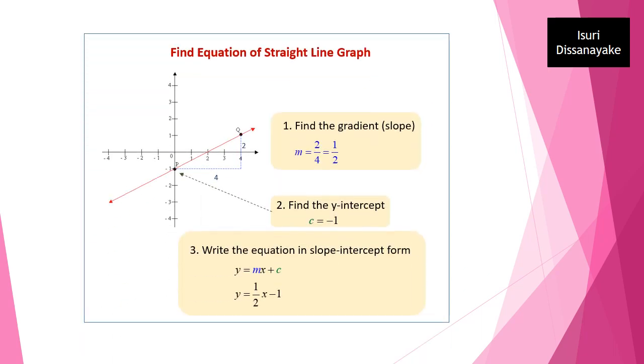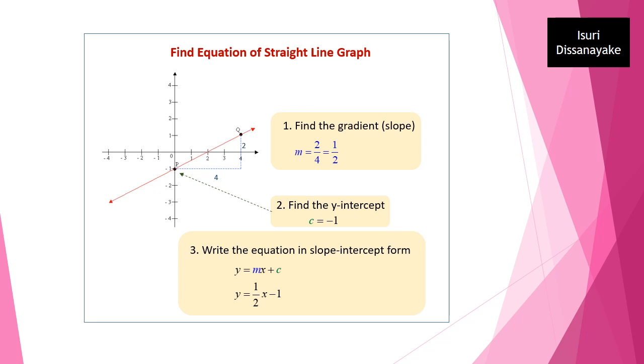This is presentation 6, and in this presentation we are going to learn about how to find the equation of a straight line. When we are finding the equation of a straight line, firstly we have to know the gradient or the slope of the straight line.